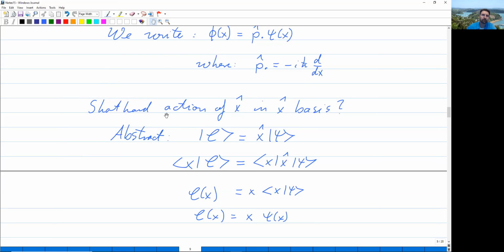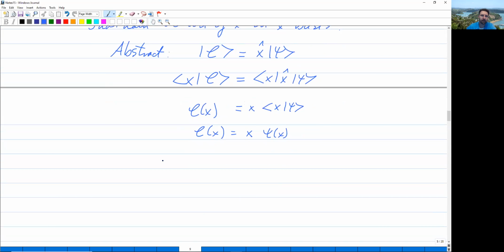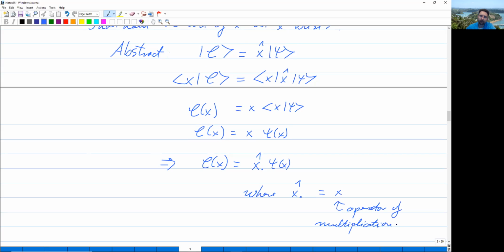And therefore, we see phi of x is equal to the action of the abstract position operator on the wave function psi of x, where x hat dot is equal to x, just the operator of multiplication with x.